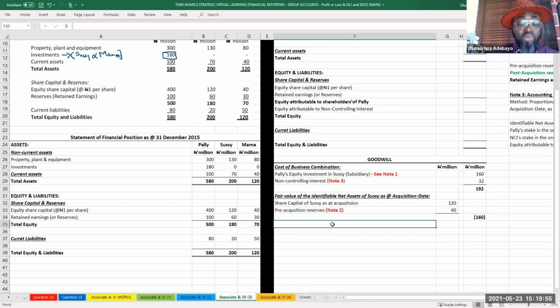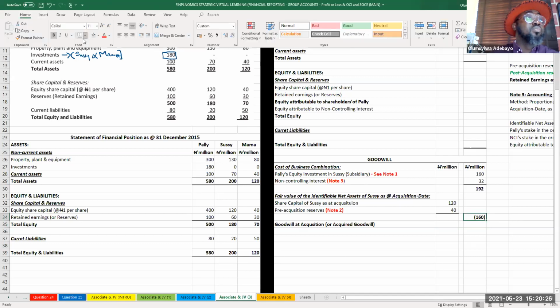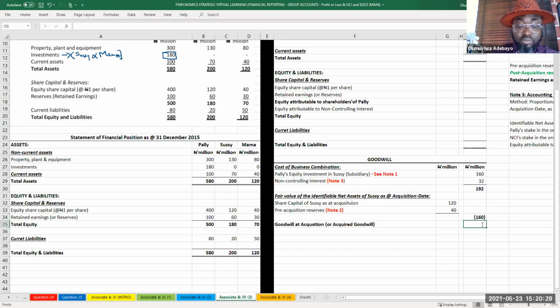And therefore, what is our goodwill? Goodwill at acquisition is the same thing that is on that. Why it's called acquired goodwill. Because our acquired goodwill. That's 32.